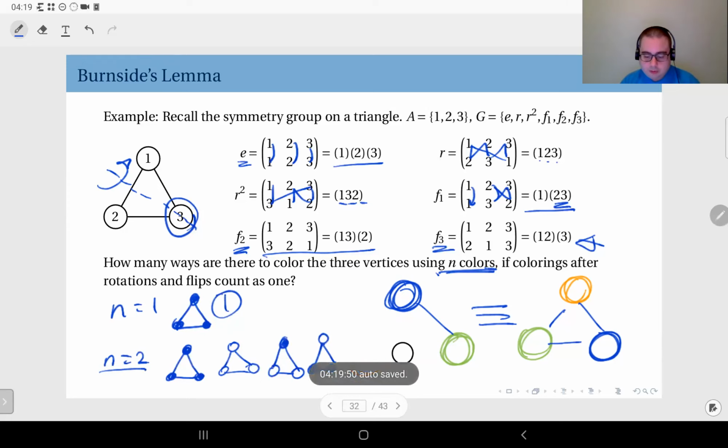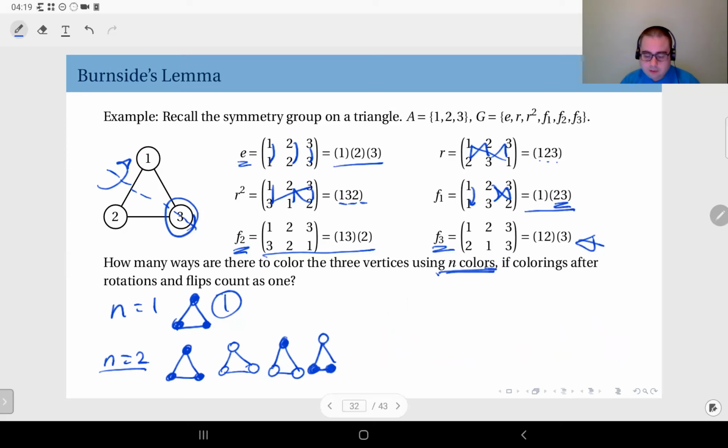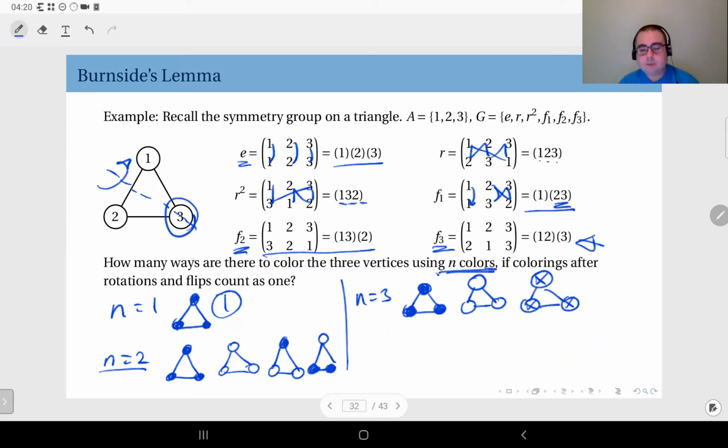When n equals 3, you will have, let's say, all of these the same, or the second color, or the third color. Or maybe you can select one of the vertices, one color, and the remaining two a different color.